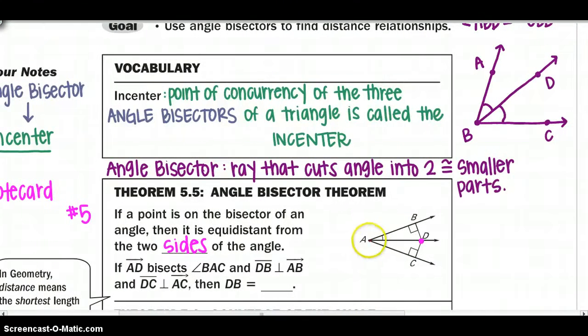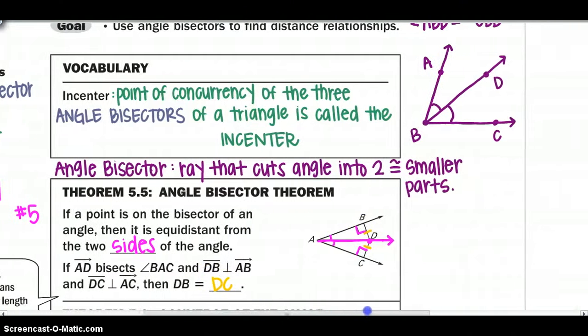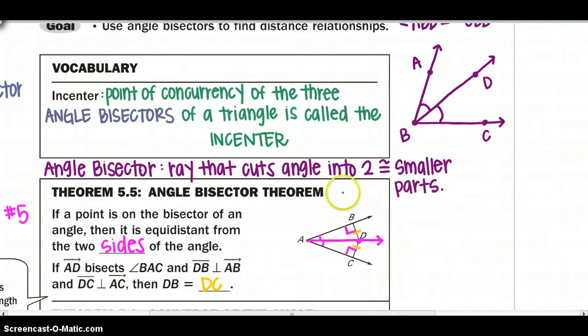If I know that angle A, or BAC, is bisected by ray AD, and if I also know that DB is perpendicular to BA and DC is perpendicular to CA, then I can assume that DB is equal to DC. So in maybe some simpler terms, what do I get out of this theorem?